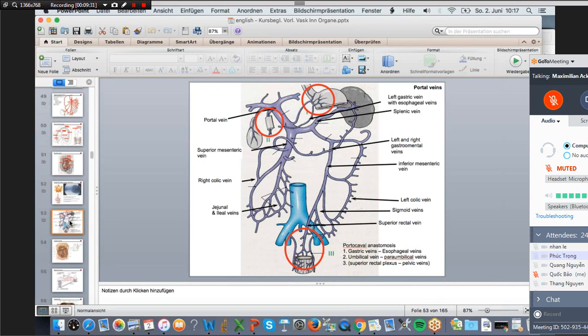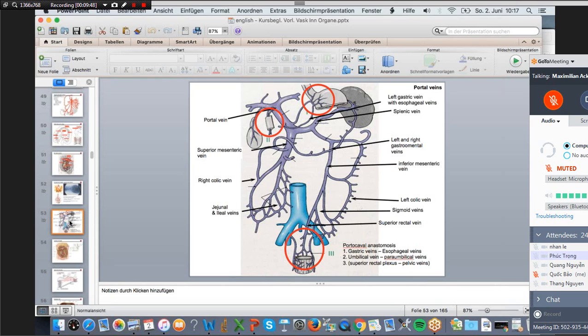Some words to the portal veins, or the veins itself. You see there are some anastomoses between the portal vein and the larger circulation.